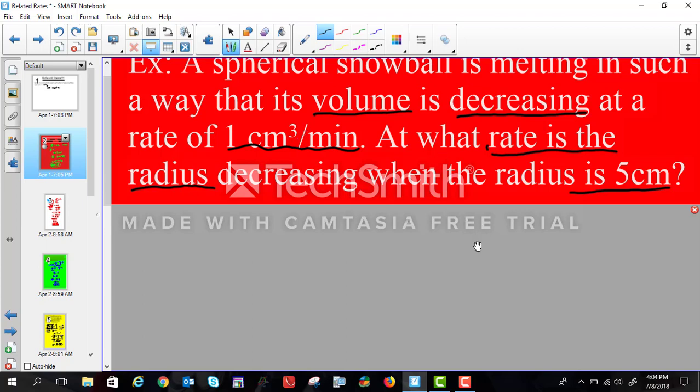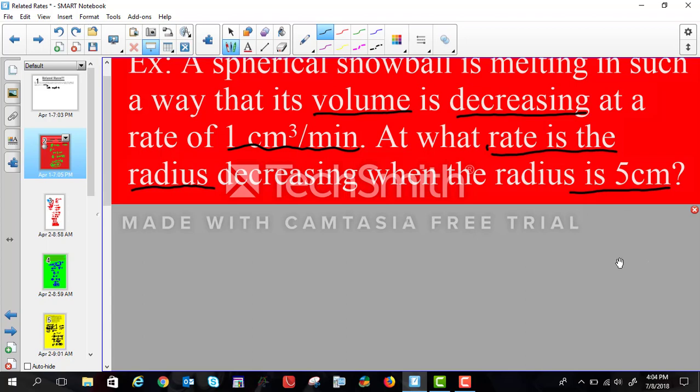If it's a really big snowball, the radius isn't going to change much if it's just losing a cubic centimeter of volume. But if it's only 1 cubic centimeter of volume left, then obviously the radius is going to go to 0. So the rate at which the radius is decreasing is going to increase.